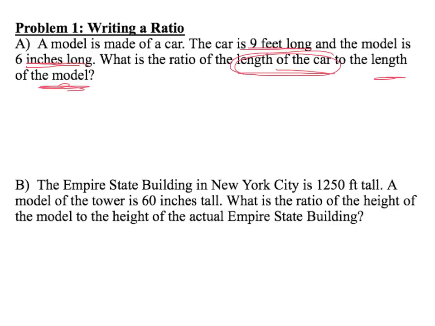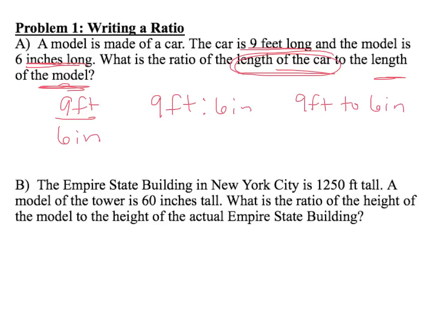Now again, you can represent this in multiple different ways. I have 9 feet over 6 inches, or I could rewrite this as 9 feet colon 6 inches, or I could write it as 9 feet to 6 inches. However, with all of these three cases, you should always simplify your ratio.